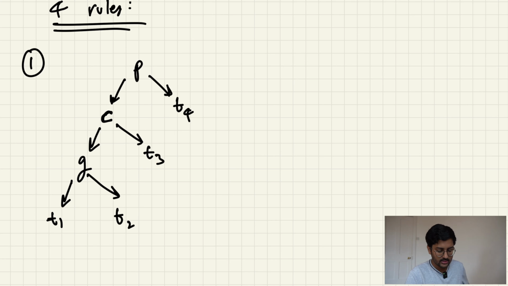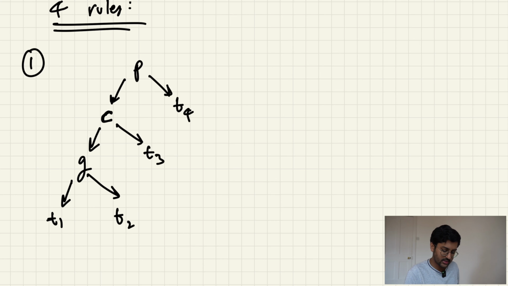Okay, let's move forward. So let's say we have one of these 4 cases. Imagine that the P point, let's say for example, these cases are for unbalanced binary trees, subtrees. So this P is where we're going to be rotating it.